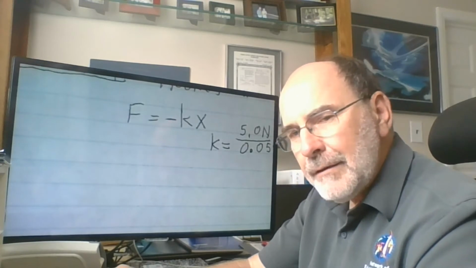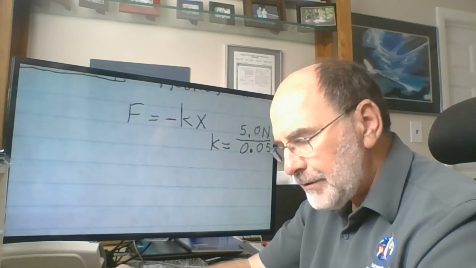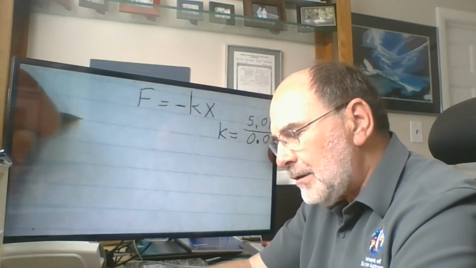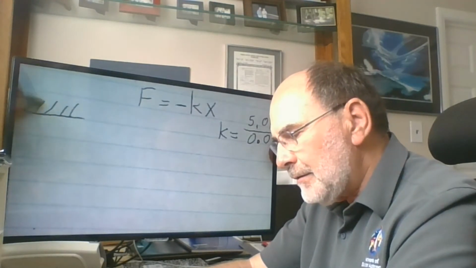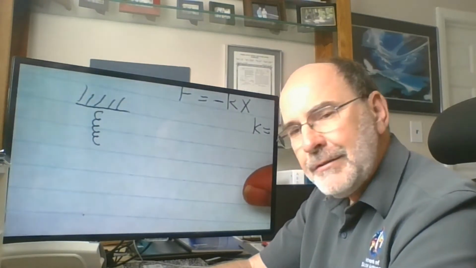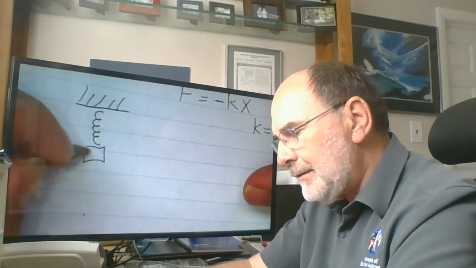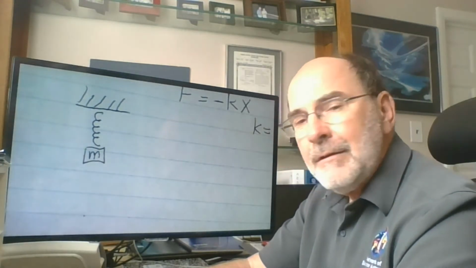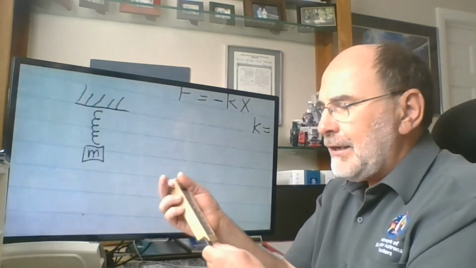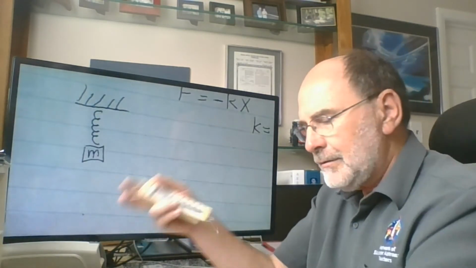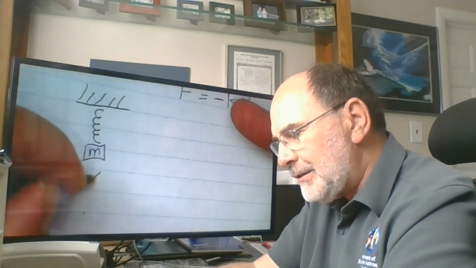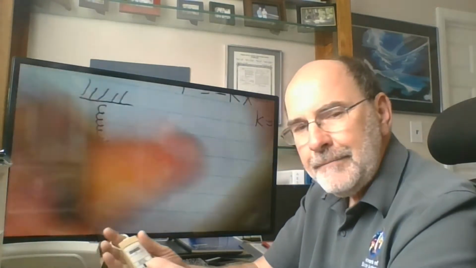When I hang an object vertically on a spring scale, so if I were to draw a ceiling and hang a spring scale from the ceiling and hang some mass M from it, the spring scale will stretch. And if I measure the distance that it stretches, I'll write that as delta y.